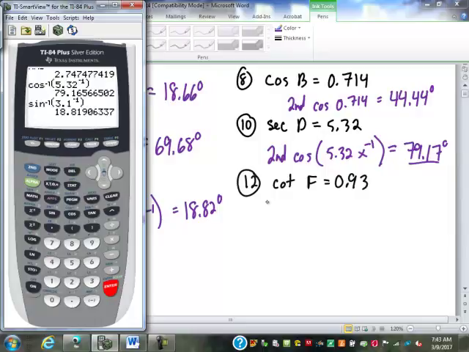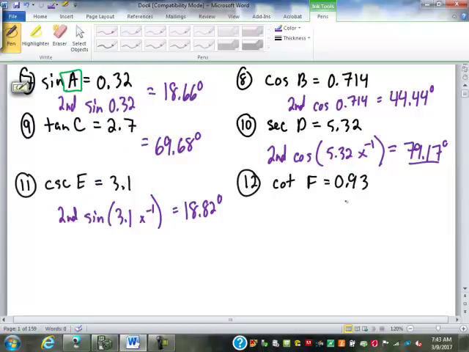We do thousands. 18.82, 18.819, either way. The angles we've been going to just 2 decimal places. I think in the homework I asked you to go to 5 decimal places for some of the angles, didn't it? Then for cotangent, of course, we're doing tangent. Second tangent, 0.93. What do we get? 47.08.